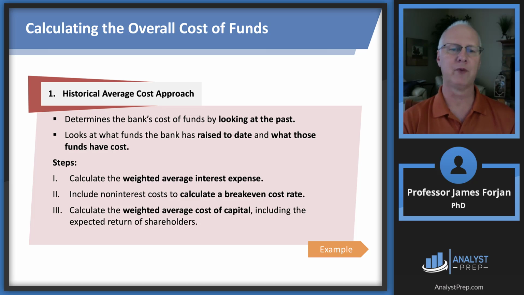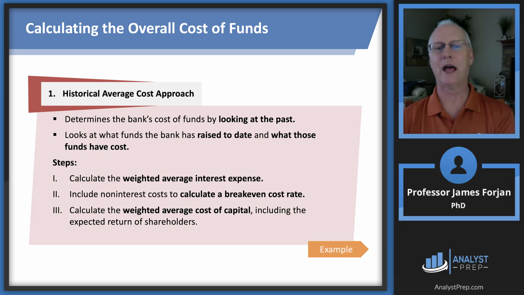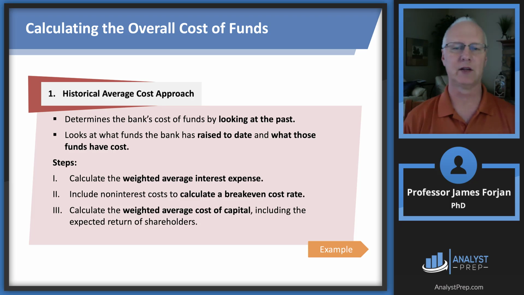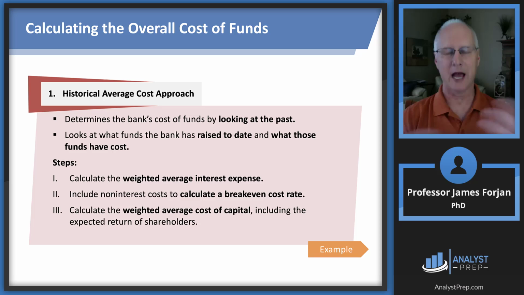So you always have to be really careful when you look at history to make certain that you're in a relatively stable period. But that's the beauty of this series of chapters that we're reading, because we can calculate our overall cost of funds. And then we can calculate our overall cost of stressed funds if we have to do that. Now, that's not part of the learning objectives in this chapter, but you see how we manage this liquidity risk.